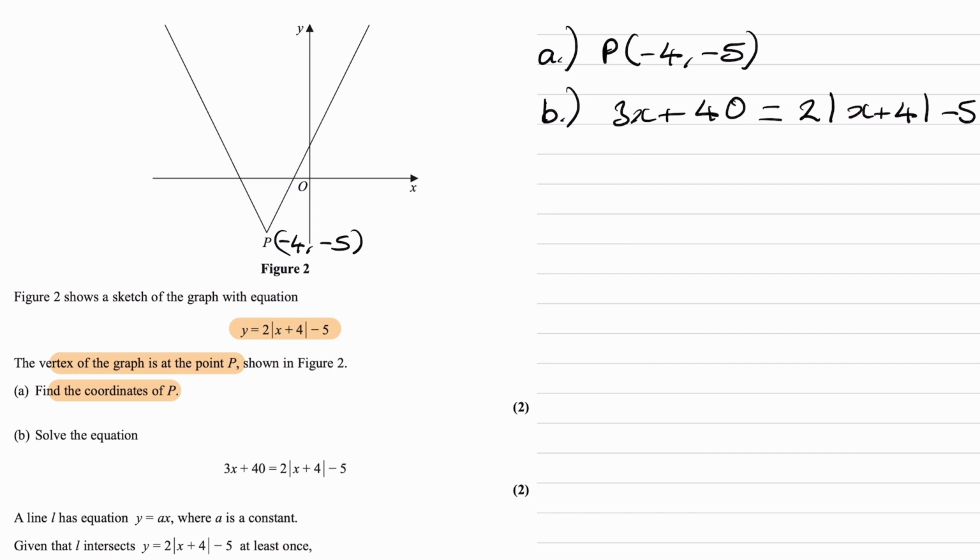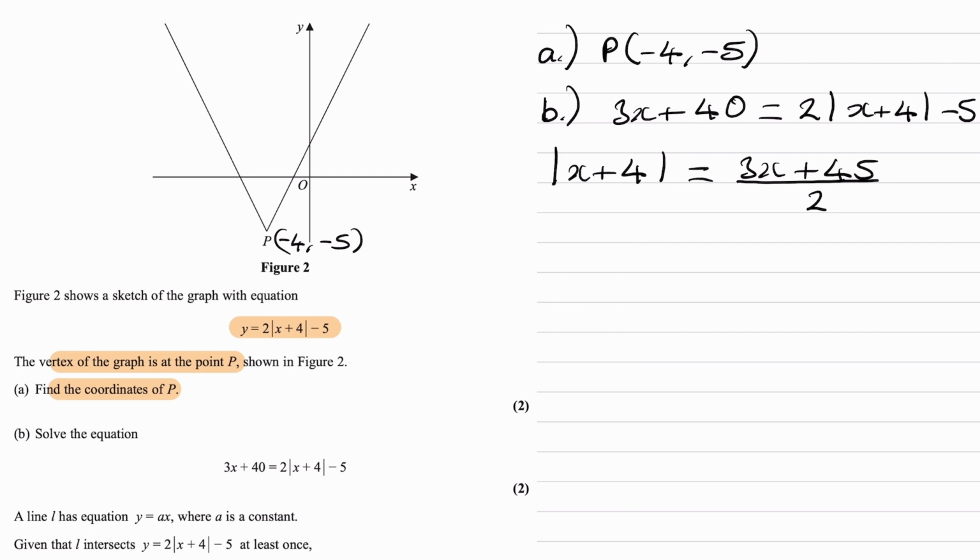The first thing to do is to rearrange this to make the modulus part of this function the subject, the x plus 4. So we'll have to add 5 to the left-hand side. That makes it 3x plus 45, and then divide it by 2. So I'll do that all in one step. This becomes the modulus of x plus 4 is equal to 3x plus 45, all divided by 2.